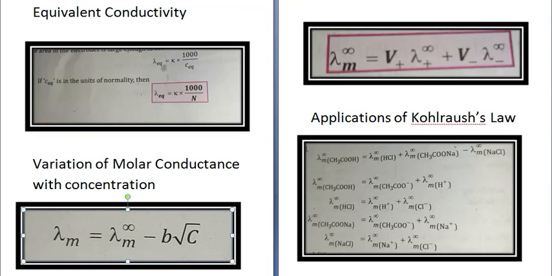See, lambda m infinity of acetic acid is equal to lambda m infinity of HCl plus lambda m infinity of sodium acetate minus lambda m infinity of NaCl.